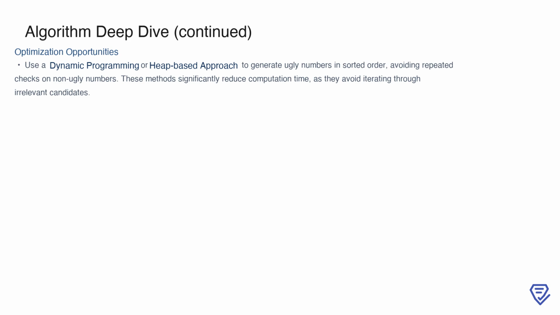For example, a heap-based solution can use 3 pointers or multipliers to directly generate the next ugly number without iterating through non-ugly numbers. With these optimizations, computation time is dramatically reduced, making it feasible to calculate even very large values of n efficiently. By avoiding redundant checks and focusing only on the numbers that contribute to the sequence, these advanced methods provide a much more scalable solution to the problem of finding the nth ugly number.